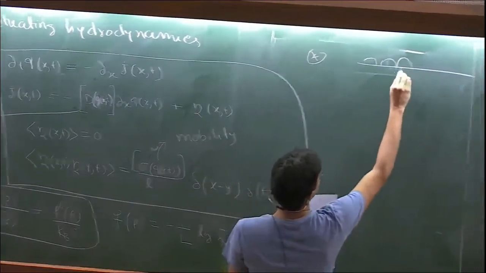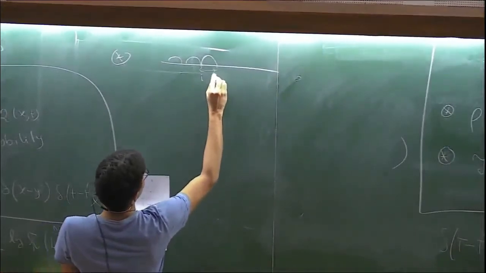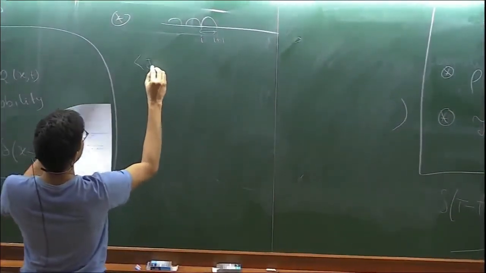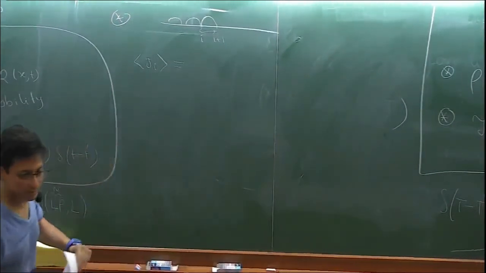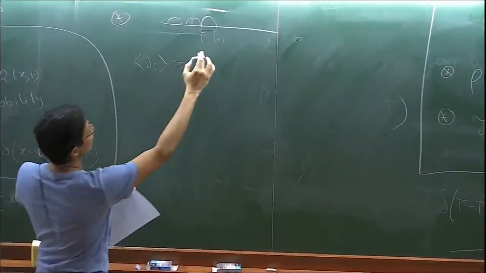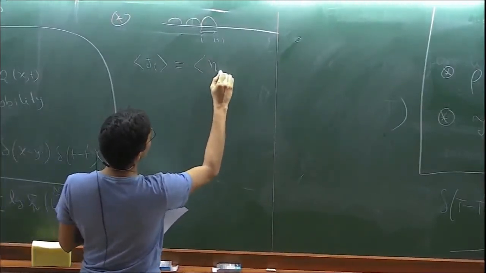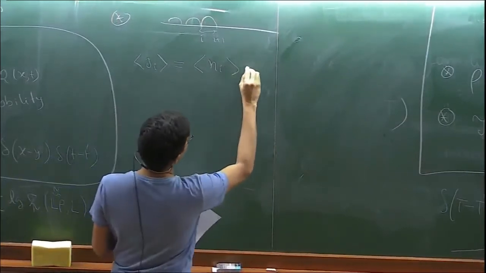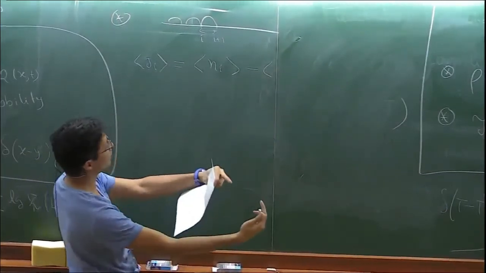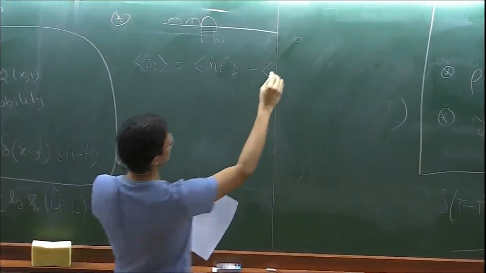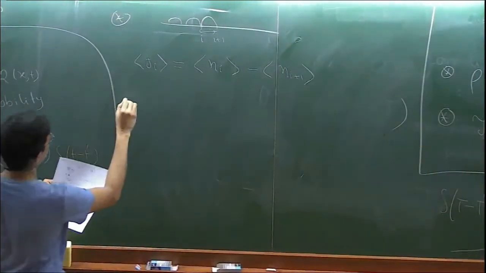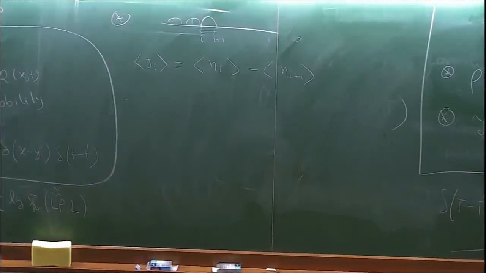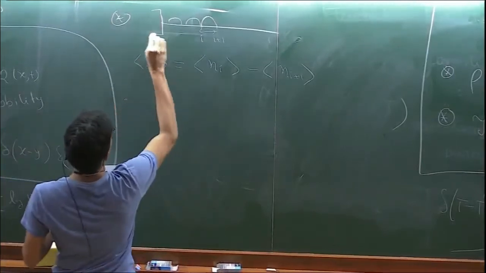So you'd see that if I want to look at the current between site i and i plus 1, the average current would simply be, so the net probability for the particles to go from site i to i plus 1, it would simply be proportional to the number of particles at that site, minus the flow that came from i plus 1 to i, which is proportional to the average of n i plus 1. Okay? And now, if I want to define what this diffusivity is, I want to write it in this formula form, and it's very simple to calculate in this problem.